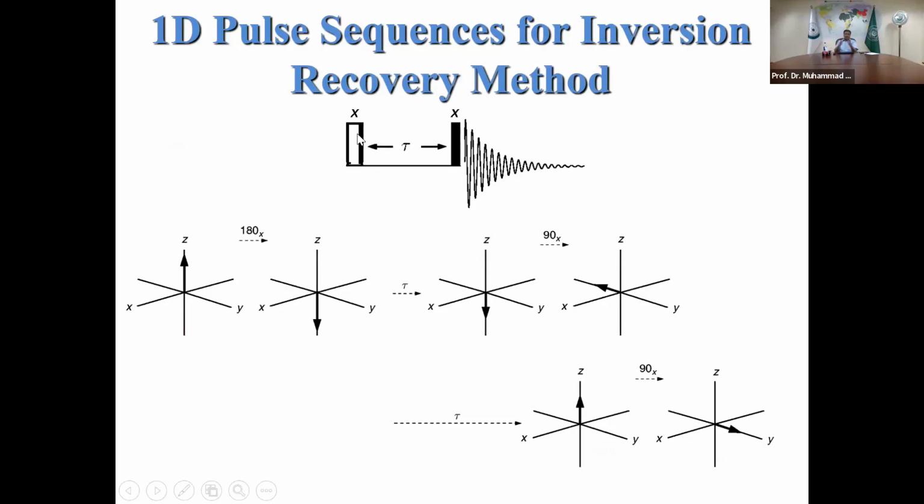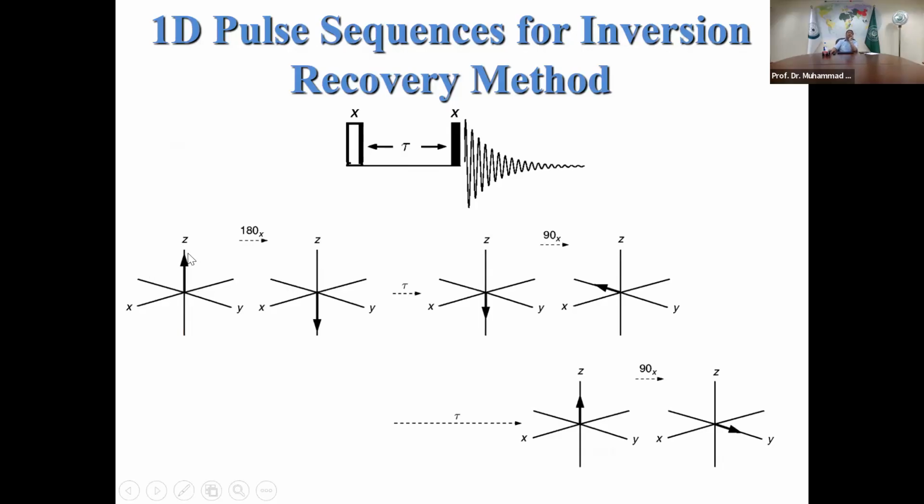People don't even write it now, it's just the width of this block. It's a 180x pulse. This is tau, the time delay between the second pulse. Then you give a 90x pulse, and then you record the FID. It's so easy for you to understand.